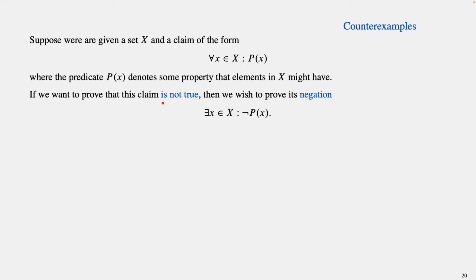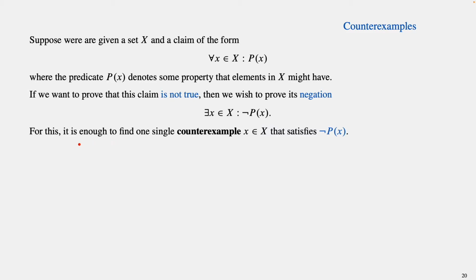And suppose we want to prove that this claim is not true, so we want to prove its negation. Then, if you recall from the logic video, the negation would be that there exists an element x in the set big X such that this property does not hold for this particular x.